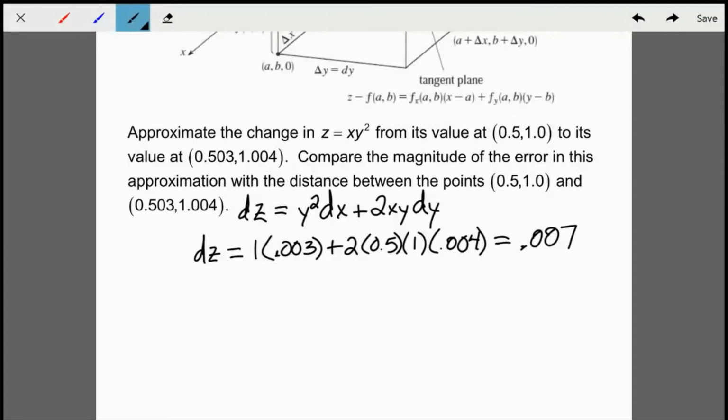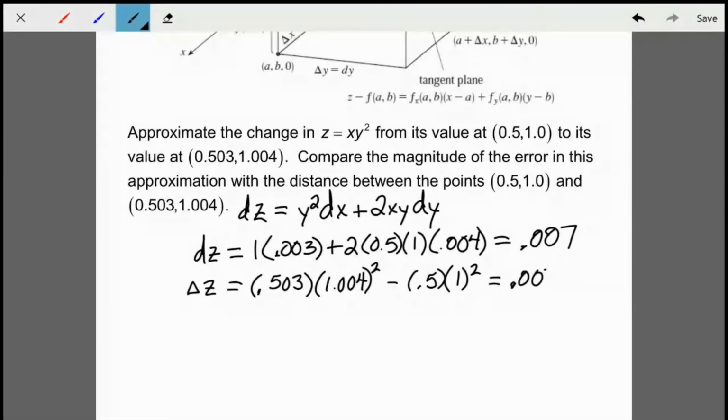All right, so let's take a look at the actual change in z. So the actual change in z would be 0.503 times the 1.004 squared. All I'm doing is using that function. And then I would subtract away the 0.5 times the 1 squared. And what that gives me is roughly 0.007, but then I get a little more accuracy, 0.0072048.